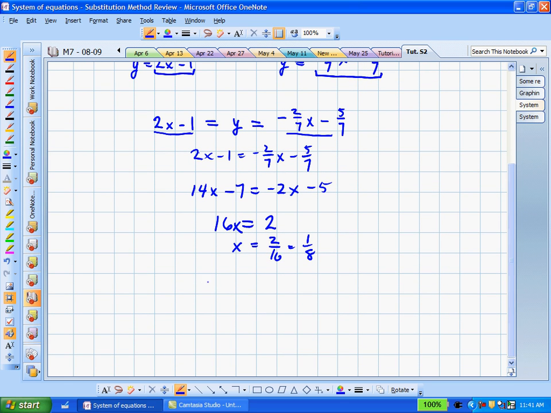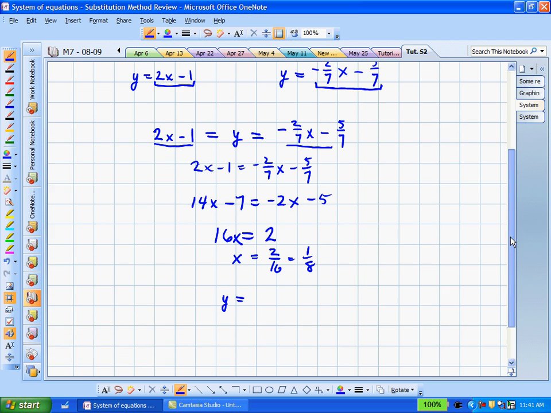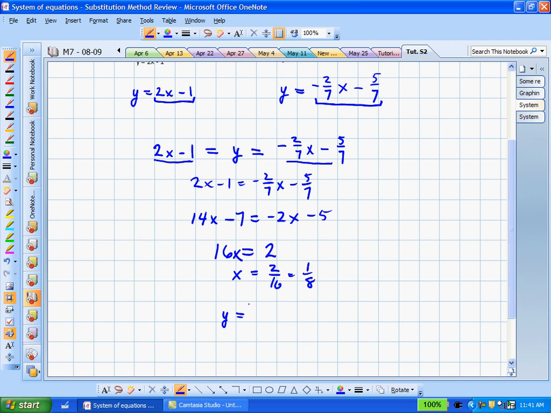So what's y? Well, we can substitute in this one, right? So y equals 2x minus 1, which is 2/8 minus 1. Don't even bother doing it in your head, just keep writing. So negative 1 plus a quarter equals y. Simplify that.